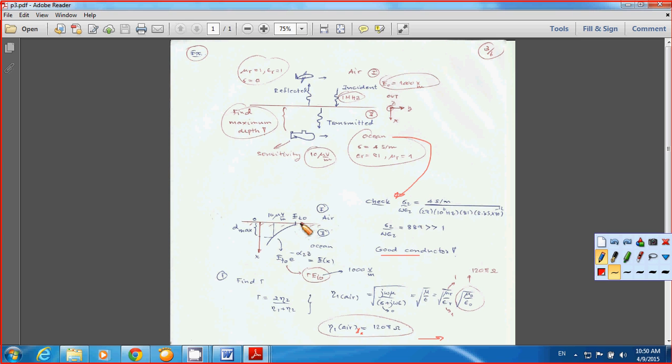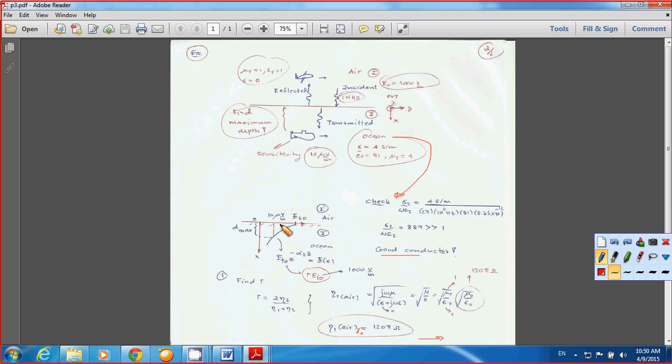At the boundary between air and the ocean, you start with the magnitude of the electric field E_i0, which is 1000 volt per meter. When the signal transmits into the ocean, it will be attenuated because of sigma.